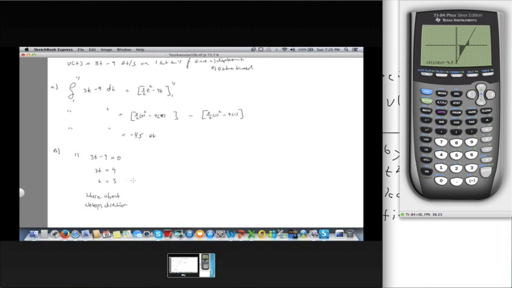Okay, so we found where it changes direction, and that's t1. So we'll say t1 equals 3, because we call the first point in time t0.